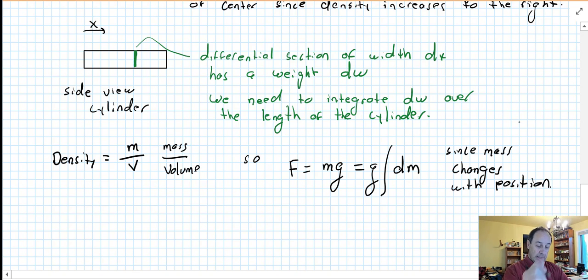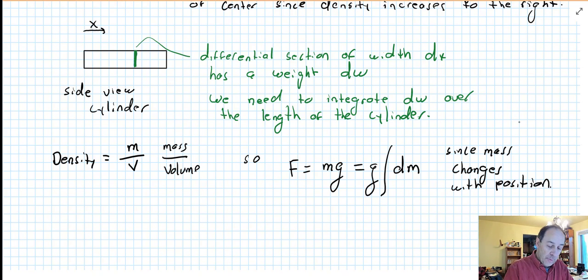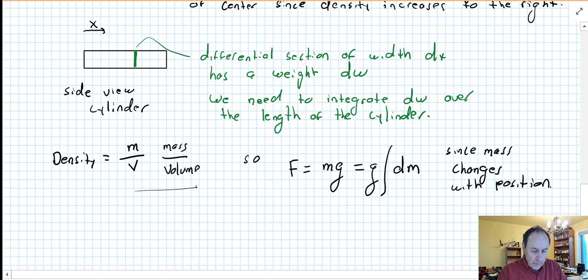Now we're dealing with a fluid here, and we're given density, not weight. So we have to remember that density is mass divided by volume. So our force function, because gravity is the only force operating, is mg, and then m changes because the density changes. g doesn't change, so we can pull g out of the integral. Force is the constant g times the integral of dm along the length of that cylinder.